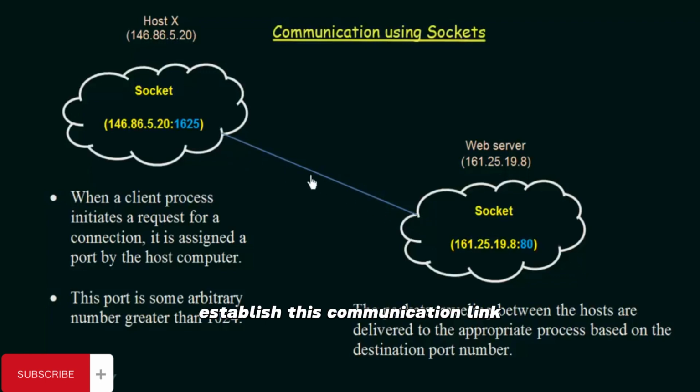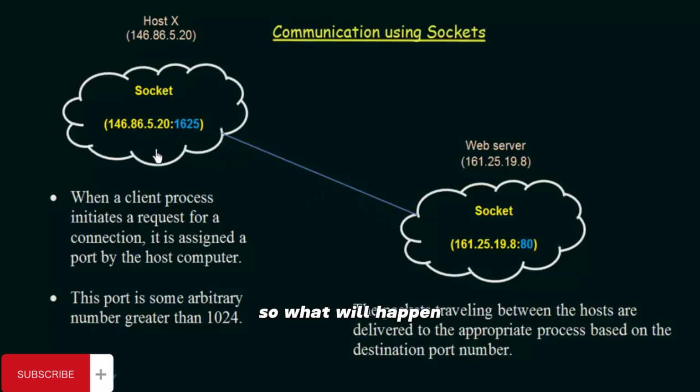To establish this communication link, we are going to use the concept of sockets, which we have just studied. So let's see. This is the socket that belongs to the client. When a client process initiates a request for connection, it is assigned a port by the host computer. So here a client process is trying to establish a connection between the client and the server.